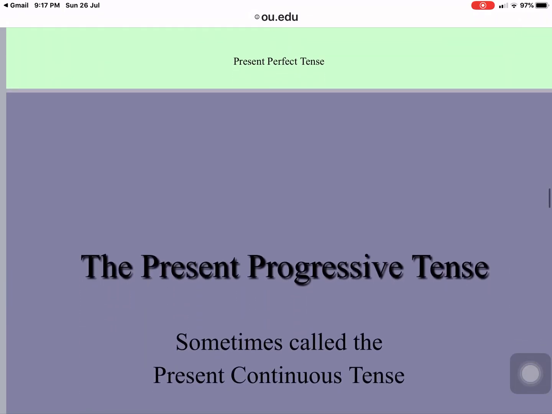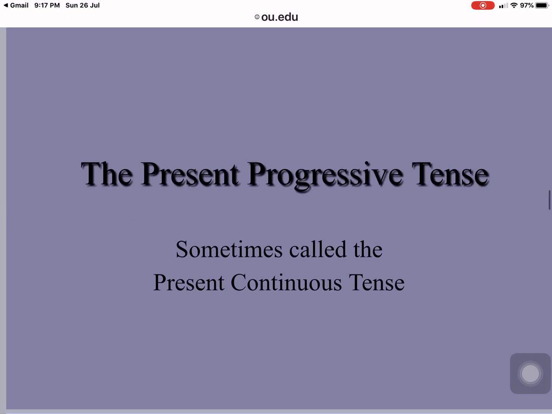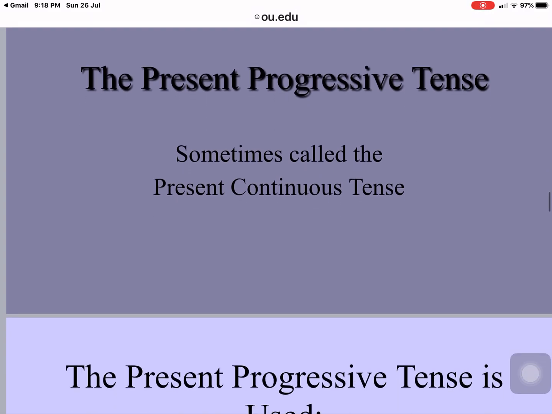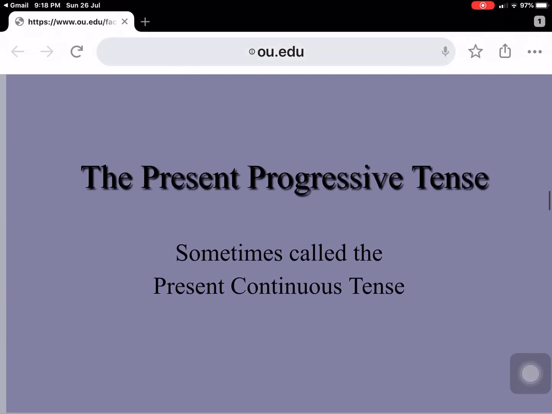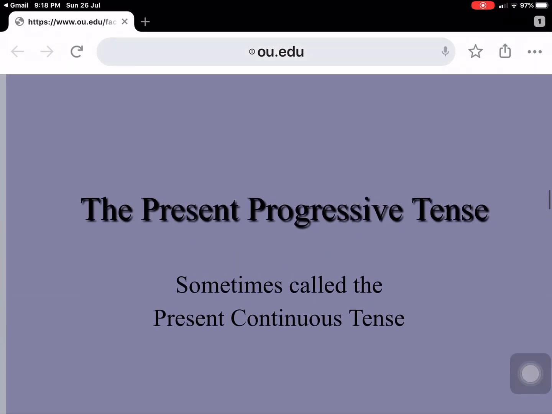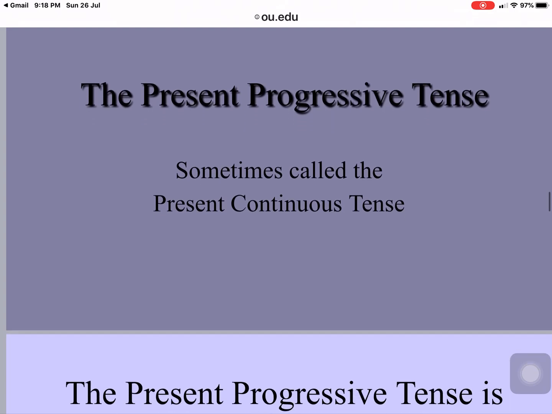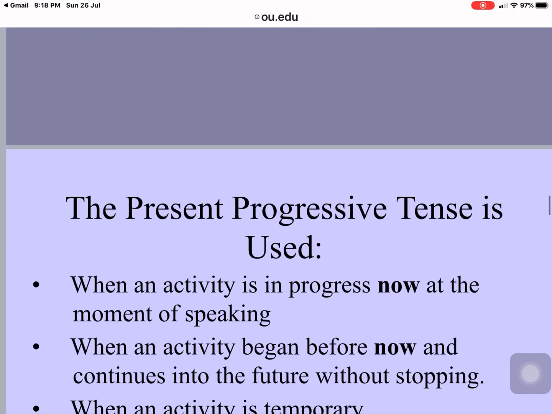So the present progressive tense is also called present continuous tense. In present continuous tense we use the verb form V1 ing. You must remember we use V1 ing form of the verb in present continuous tense. Where is present continuous or present progressive tense used?